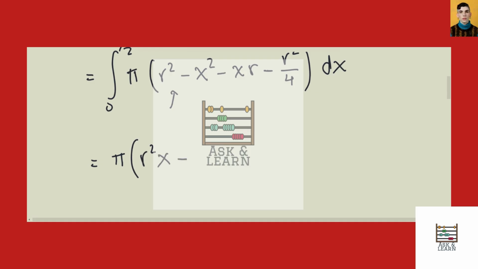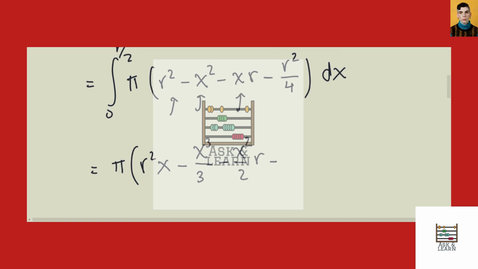r squared x minus, the integral of x squared is x cubed over 3. The integral of x is x squared over 2, times r because it is a constant. And the final one is just a constant, so it should be r squared x over 4.